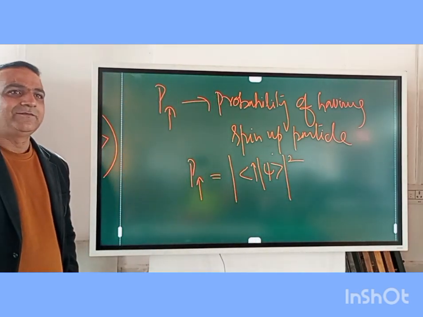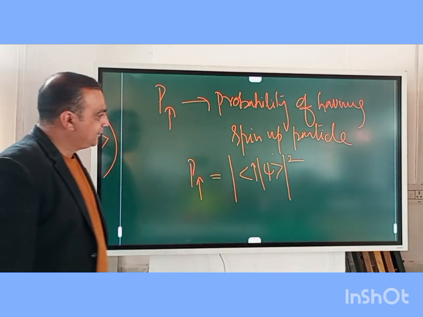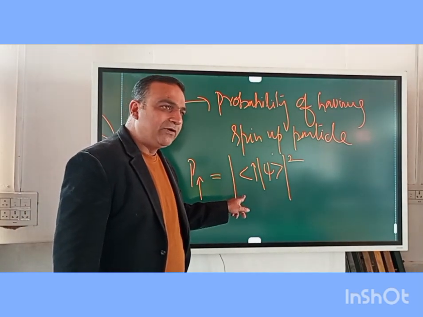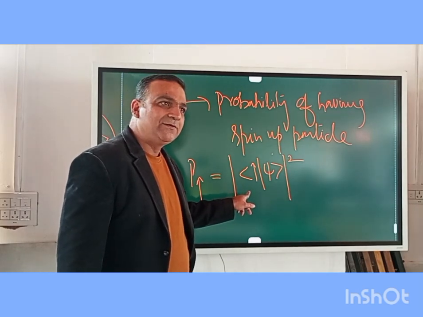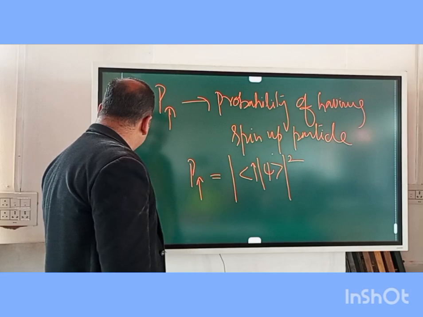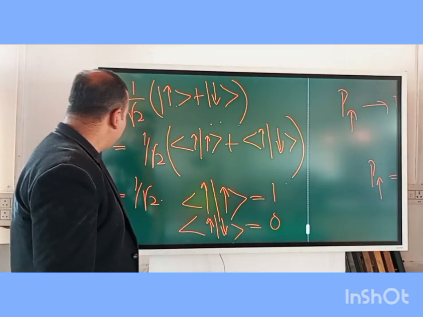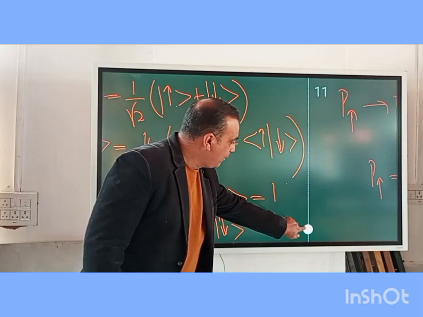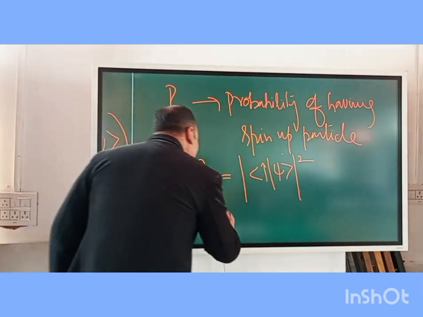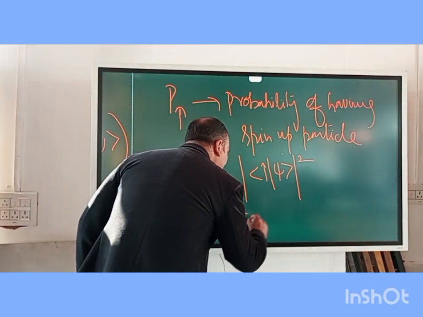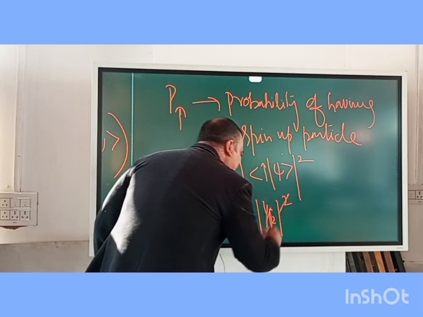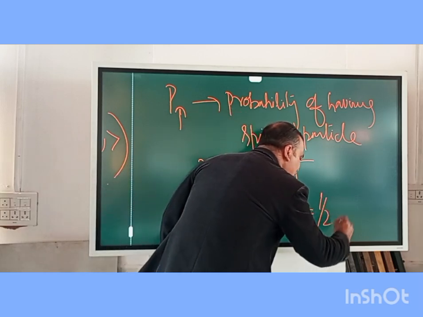Clear? But we have already calculated this bracket. What was its value? Its value was 1 by root 2. Getting my point? So the probability of having spin up will be 1 by under root 2 whole square. The square root will go and you will get 1 by 2.